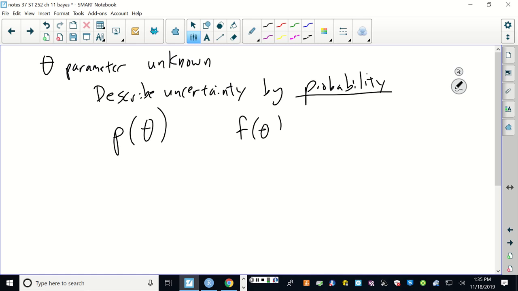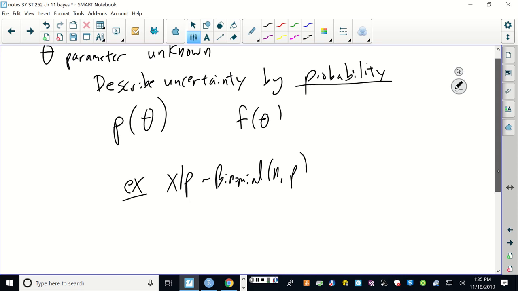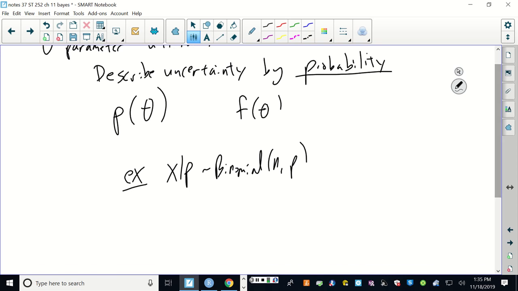And so one example today is we're going to have the data x given p to be a binomial experiment, n trials, probability p of success, and p is unknown. So instead of using p hat, the sample proportion, or maximum likelihood estimate, or some rationale like that, we're going to put a distribution on p.